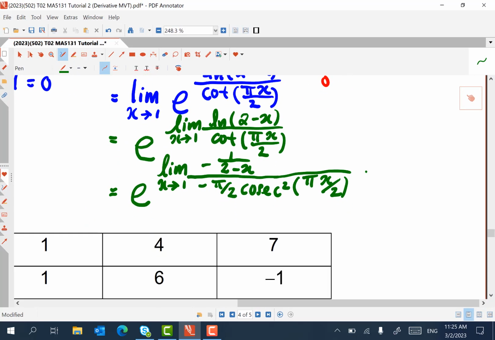Okay, then this gives you minus cosecant squared. So this gives you minus half. The second is 1/5. Minus 1.